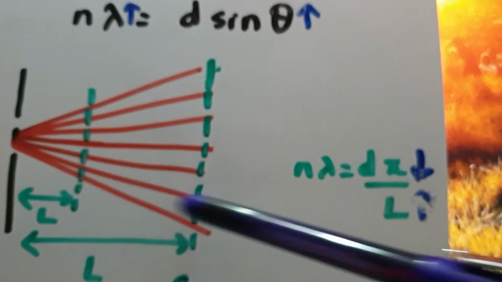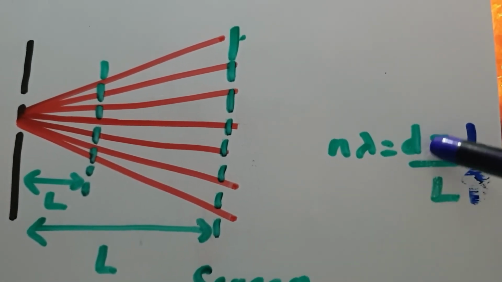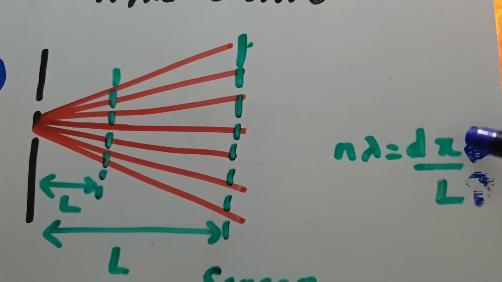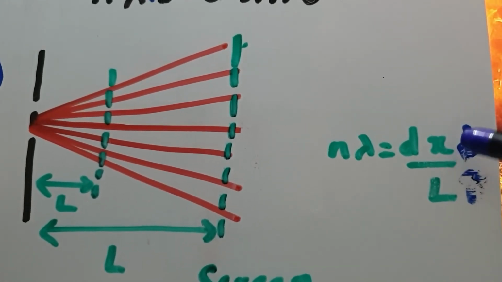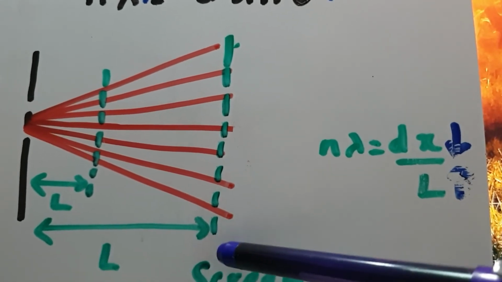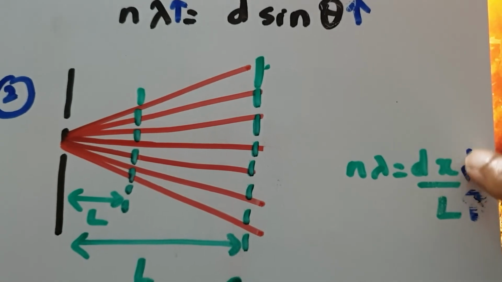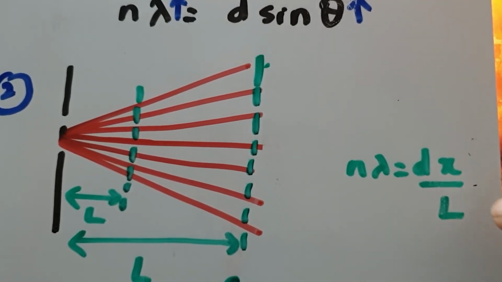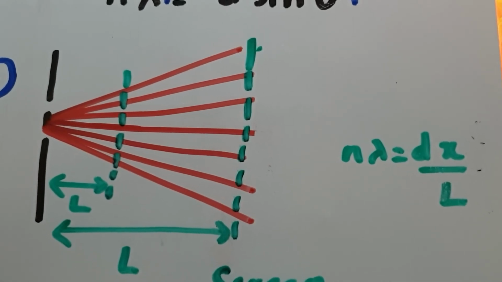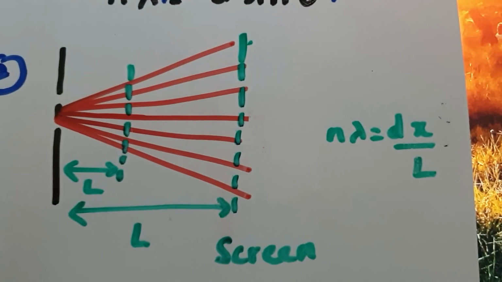You can justify that by using the second formula, lambda is dx over L. If L increases, x will have to increase as well, to keep n lambda the same. Okay, so that's the answer to these.